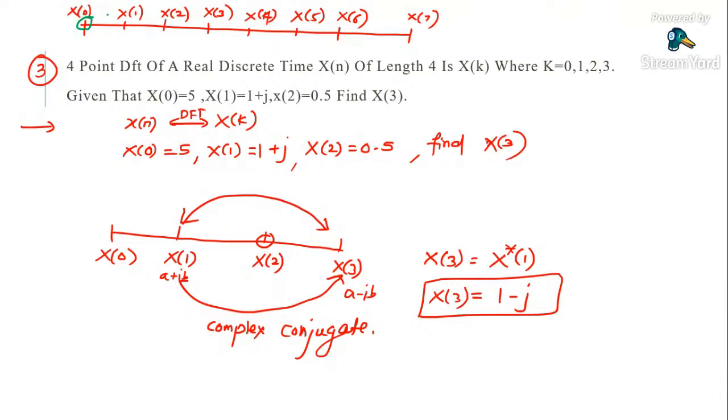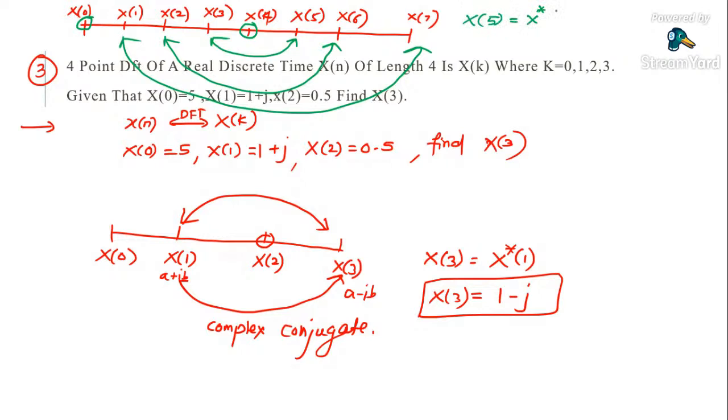How many numbers are remaining? 1, 2, 3, 4, 5, 6, 7. So the middle is the 4th. Then X of 3 and X of 5 are complex conjugates of each other. X of 2 and X of 6 are complex conjugates of each other. And X of 1 and X of 7 are complex conjugates of each other. If in an 8-point DFT the first 5 values are given, then you can easily find the next ones. That is how you find X of 5 is equal to the complex conjugate of X of 3.